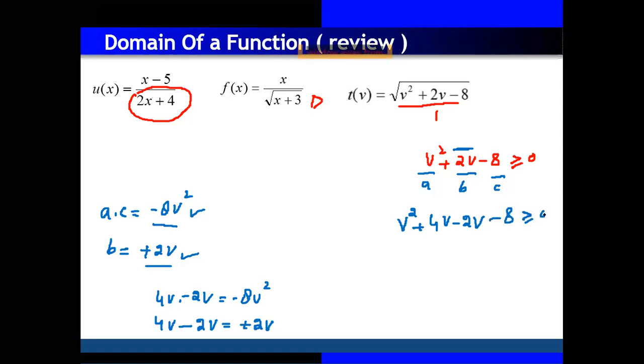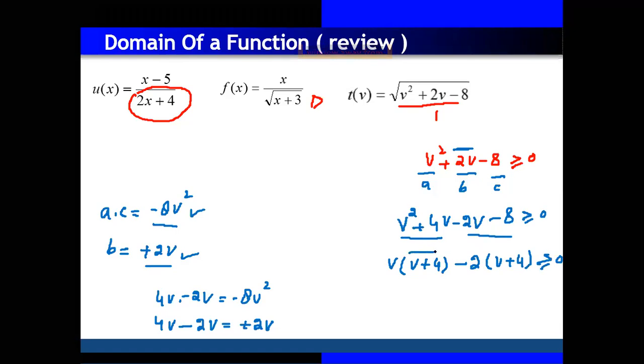This one greater than or equal to 0. Taking common factors in the first pair and second pair, what is common? v is common. So we have v plus 4. Same, minus 2v minus 8. Again, if we take minus 2 as common, so we have v plus 4 greater than or equal to 0.